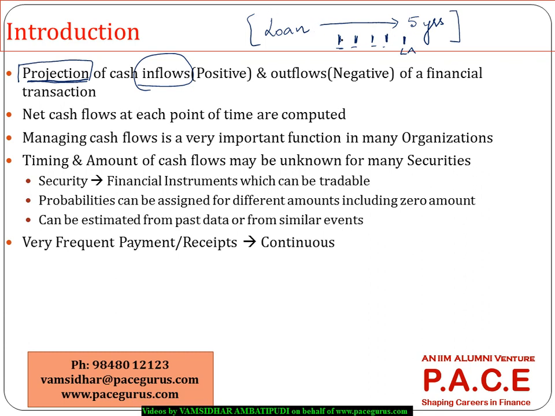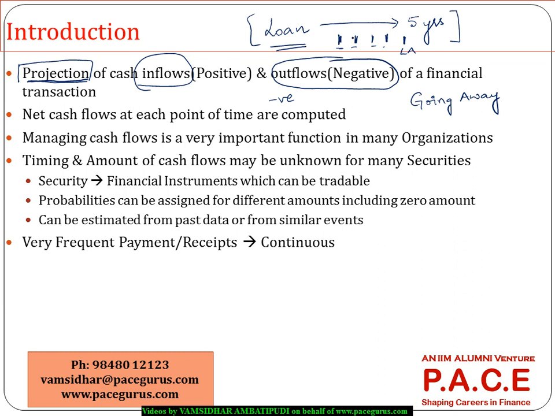In this financial transaction, there are some places where money is going away from my pocket, like when I have given a loan, money has gone away from my pocket. When money is going away from our pockets, we call it an outflow, or in the language of cash flows, we say there is a negative cash flow.